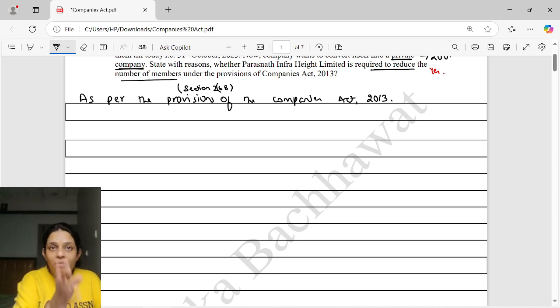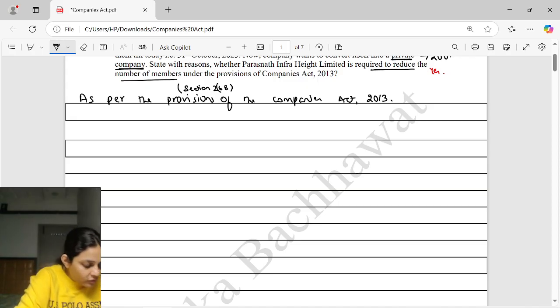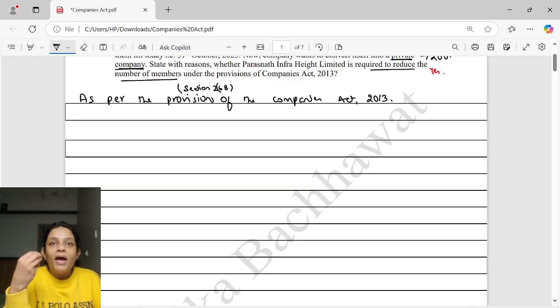Let me tell you one thing again for all of you who are confused: whether I have to write the section number, whether I have to quote the provisions word to word, whether I have to give reference to case laws. I've already told you that we don't have to do all of these things. So please don't worry yourself on this account.